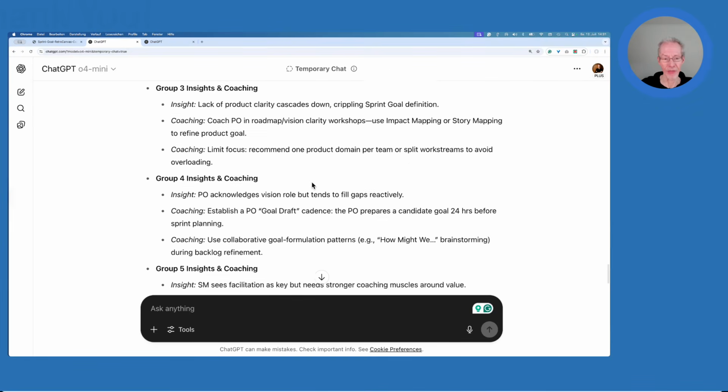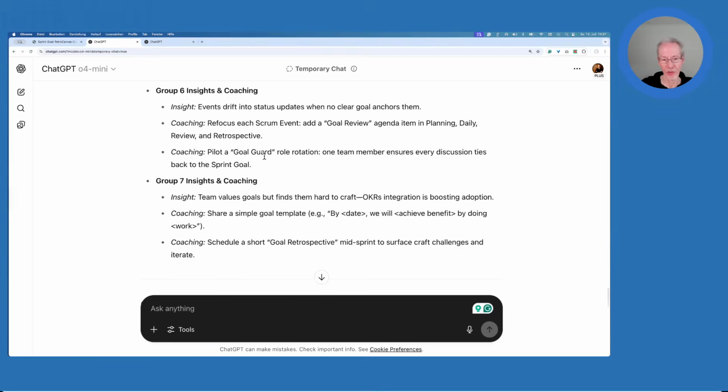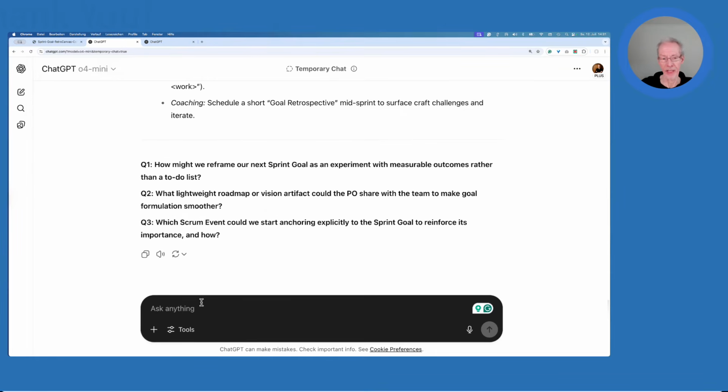Generally, this works well. I mean, in this situation, okay, insights, coaching, yada, yada, yada. Okay, now you could ask, okay, could you please draft another retrospective based on the analysis?